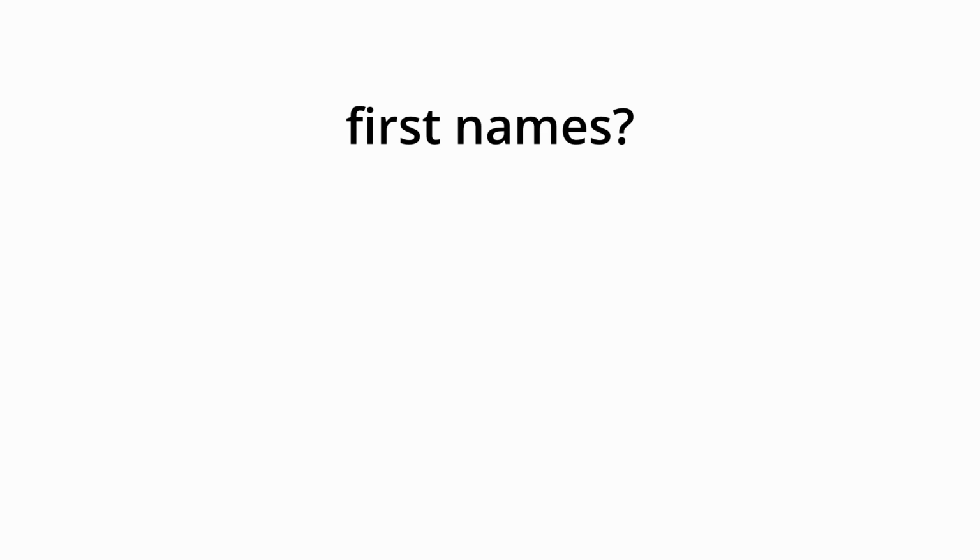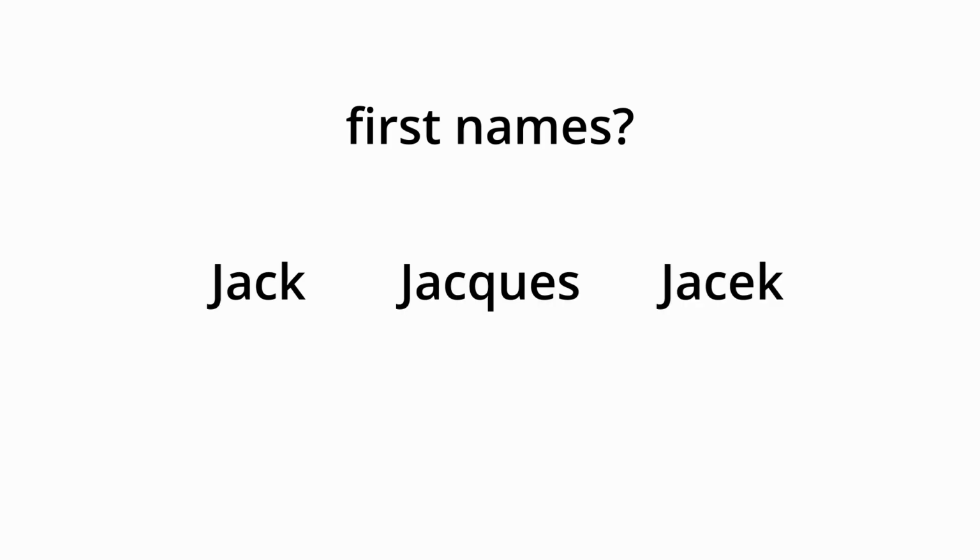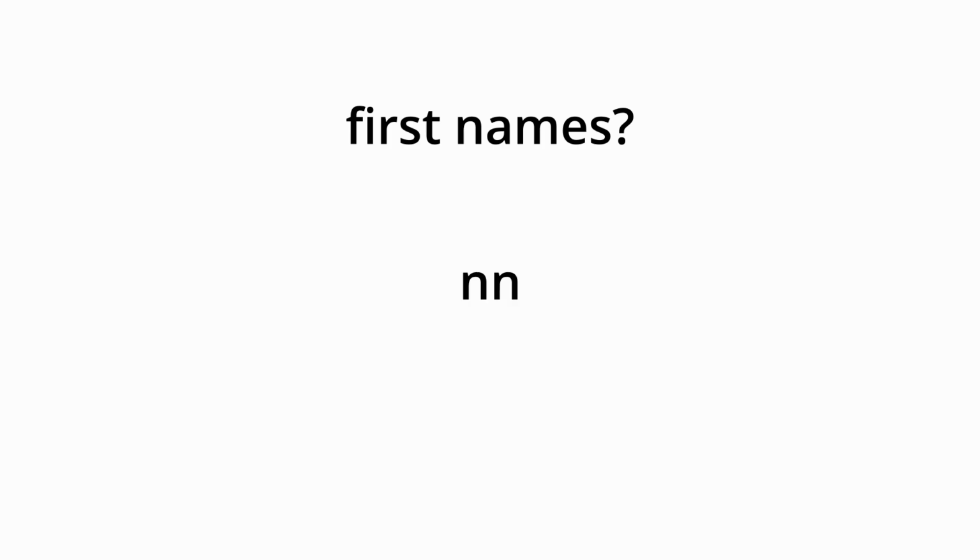What about first names? If you ask a Polish person about their name, they will be generally similar to other European names, but with a twist. Just like Jack becomes Jacques in French, he becomes Jacek in Polish. In Italian, two same letters next to each other are pronounced as one prolonged sound, as in nonna.